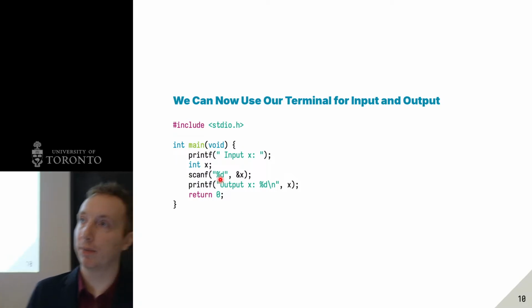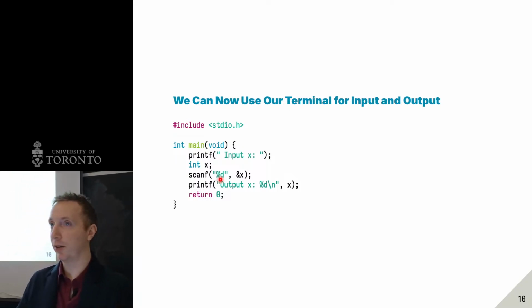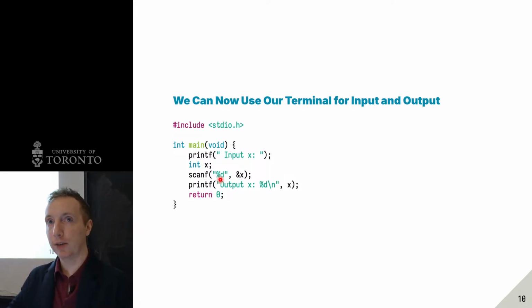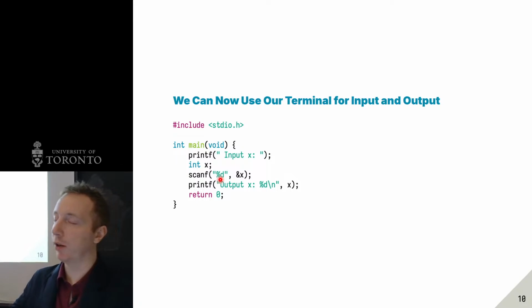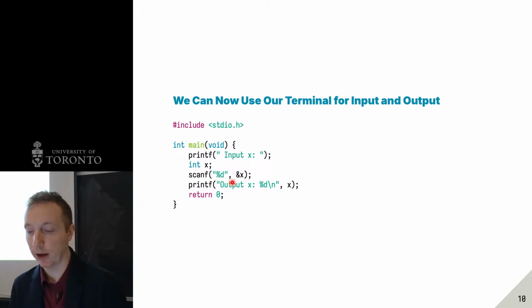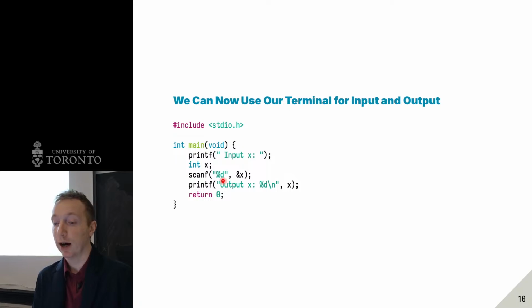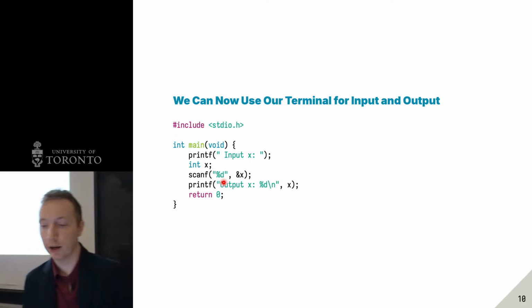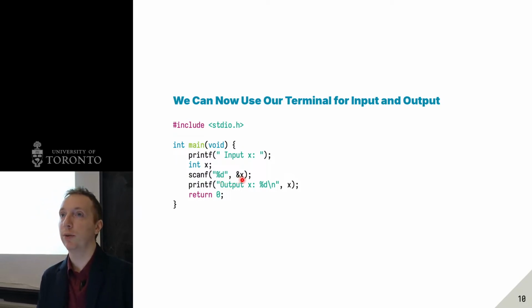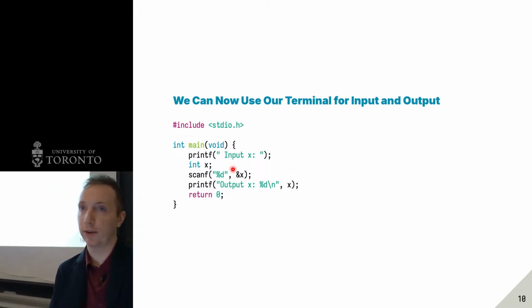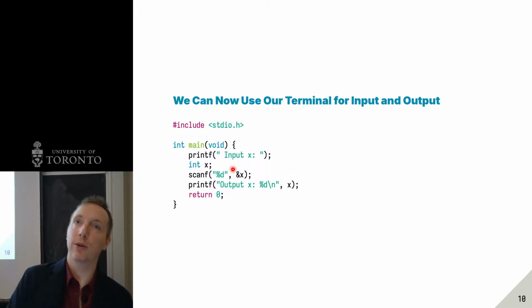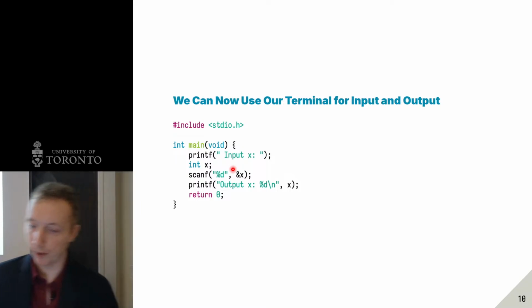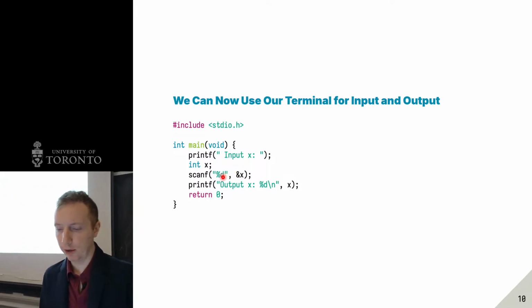It wants a format specifier, but it goes in the opposite direction. Instead of using that value to display something, it actually assigns whatever the user types in to that variable, all in order. So this means I want to interpret whatever the user typed in as an integer, and I want to assign that to x. To do that, I have to give the starting address of x so C knows where to actually write that value to. For reasons we'll get into later.